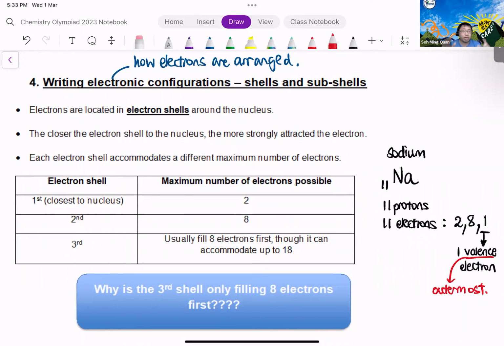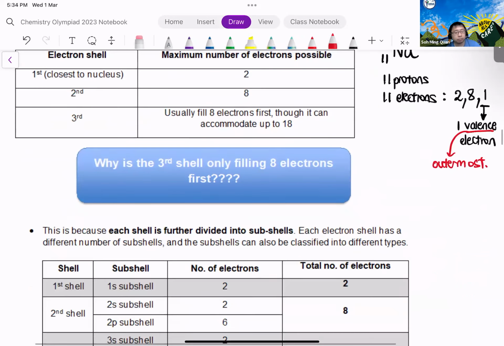A shell can comprise many subshells. And perhaps that's why, because we fill 8 first, then we fill the rest later on. That means some subshells are filled first, other subshells are filled later. Okay? And that is what we'll go on to today.